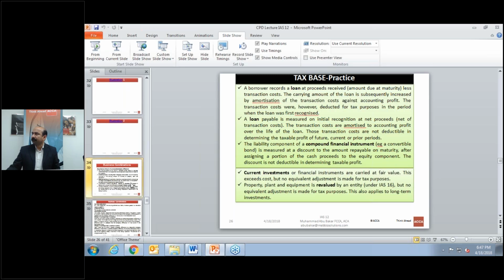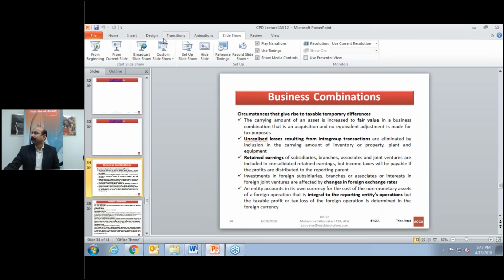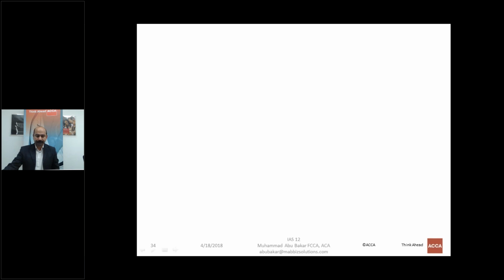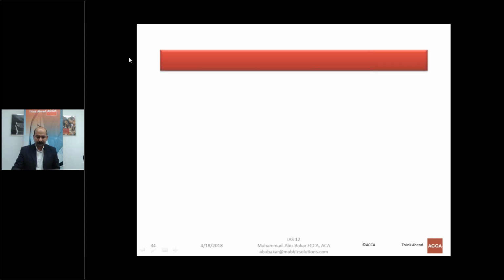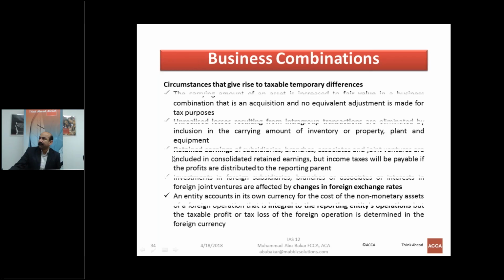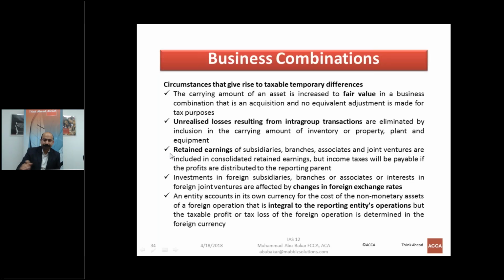Okay, now business combinations. In business combinations, here are circumstances which give rise to taxable temporary difference. This is important.